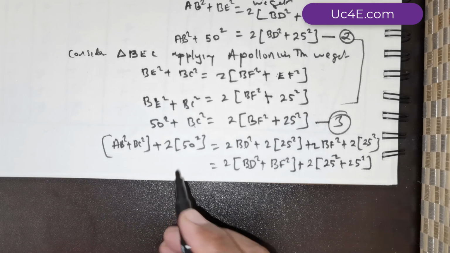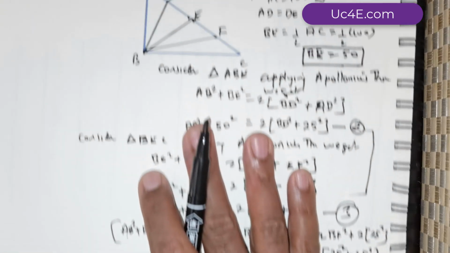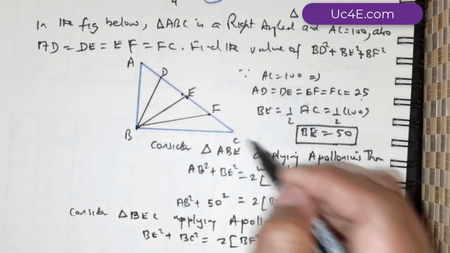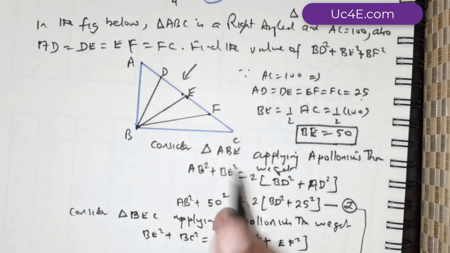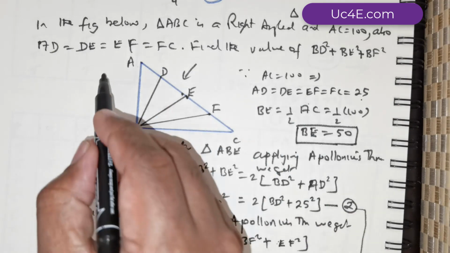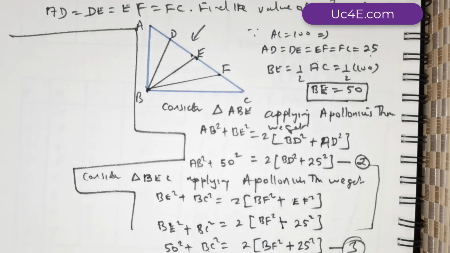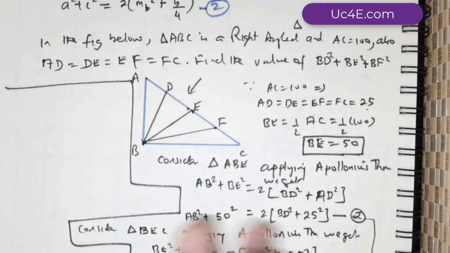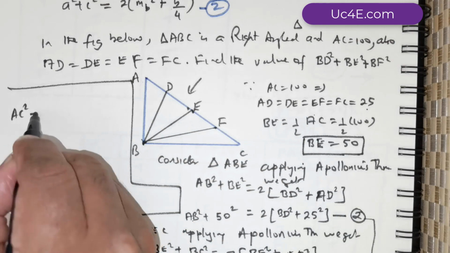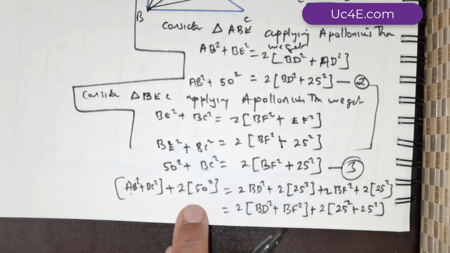On the left hand side, you've got AB squared plus BC squared. Now this is given to be a right triangle. AB squared plus BC squared is equal to what? It will be equal to AC squared. So AB squared plus BC squared is going to be AC squared, so I'll write that down: AC squared plus 2 times 50 squared.